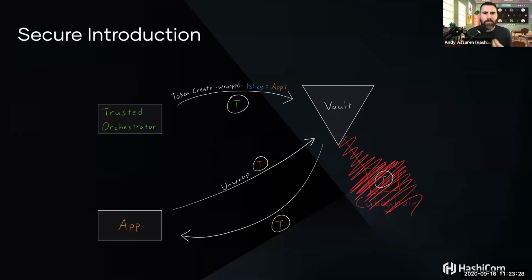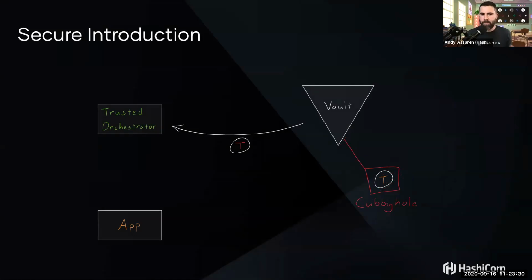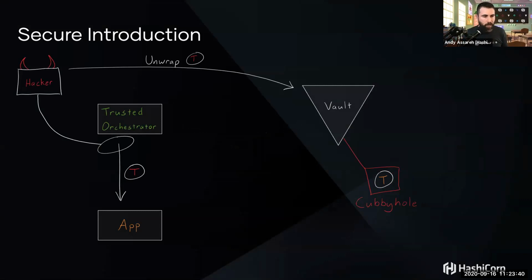Right. So now let's look at a scenario where there's a malicious party involved. Let's say I do the same process and I get that red wrapping token back from Vault, but it is intercepted by an evil hacker. The evil hacker goes to Vault and says, here, unwrap this token and give me that orange token back.